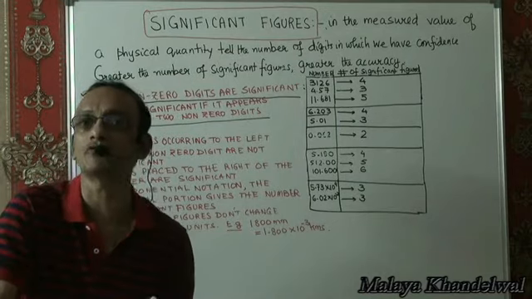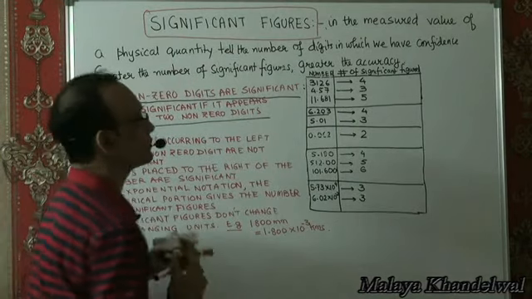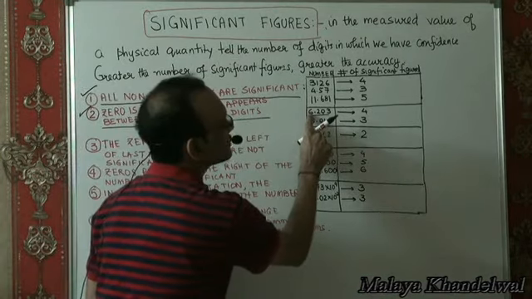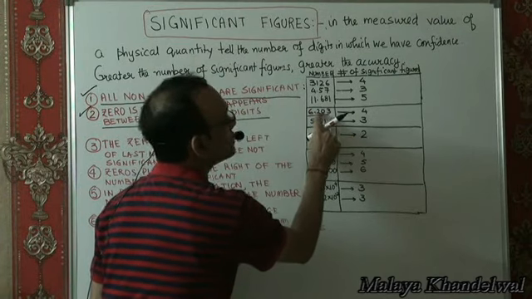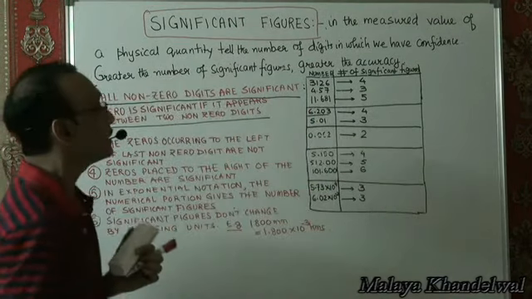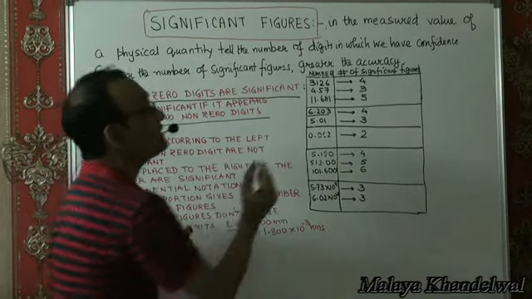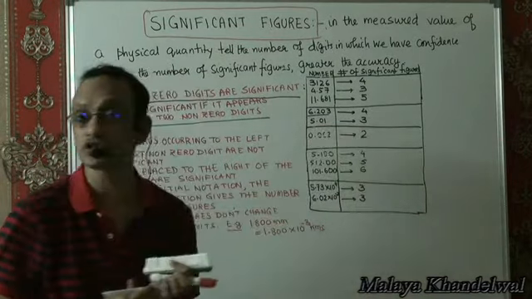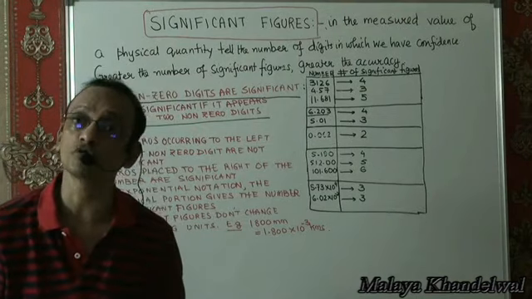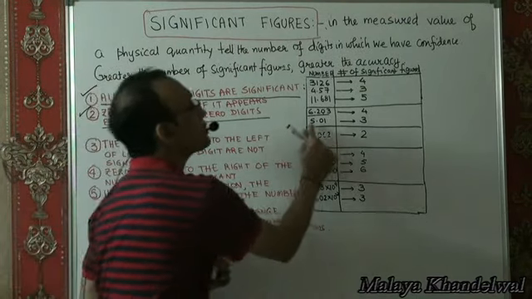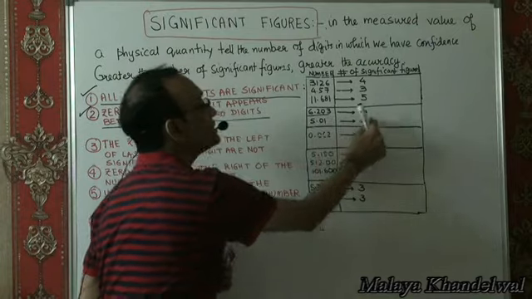So 0 is going to be counted as a significant figure here. The number of significant figures here would be 4. Look at 5.01. There is a 0 here, but on either side of the 0 there are non-zero numbers and therefore 0 would be counted in. So the number of significant figures here is going to be 3.